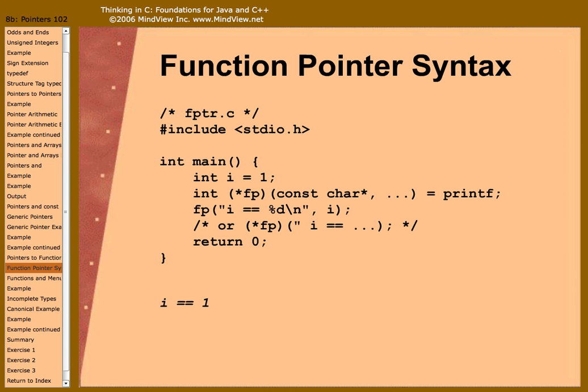I don't have to use the star to indirect fp, nor did I have to use the ampersand to store the address. Now you could do that, all right? You could say ampersand printf. That'd be all right. And if you wanted to, you could say star fp in parentheses followed by the arguments in a particular function call. But since the system knows that this is a pointer to a function, then it knows there's no other way it can be used, and so you can just use the normal function call syntax and it knows what you mean.